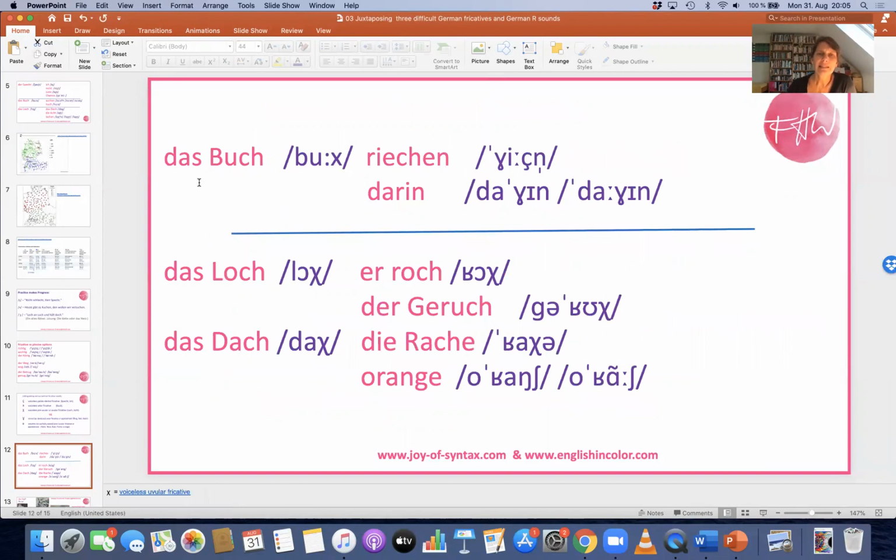So now let's see, there is no palatal R. So the Specht sound doesn't have a corresponding R sound, but the Buch and the Loch sounds have corresponding R sounds. Now, Buch. And then there is the R sound in riechen. And in riechen, you have two options. You can have a voiced or voiceless fricative, or you can have an approximant.